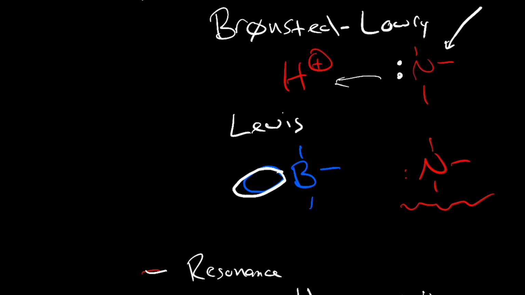Some things, like boron and metals, just have empty orbitals where electrons can go, and electrons can easily attack those empty orbitals. That produces a conjugate acid here and a conjugate base here. Those are definitions you definitely want to keep in mind.